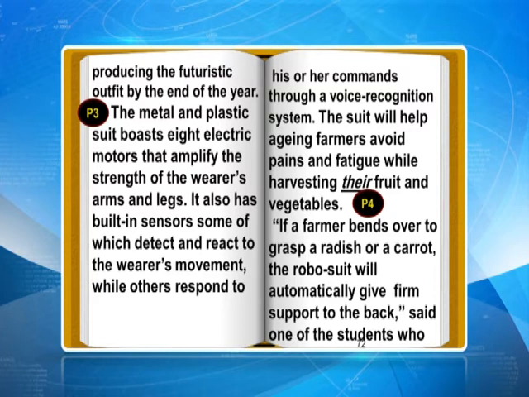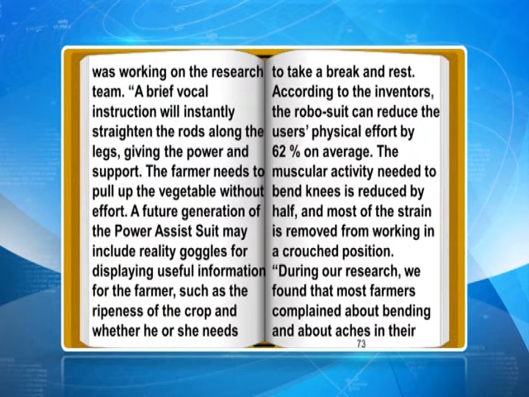The suit will help aging farmers avoid pains and fatigue while harvesting their fruit and vegetables. If a farmer bends over to grasp a radish or a carrot, the robot suit will automatically give him firm support to the back, said one of the students who was working on the research team.